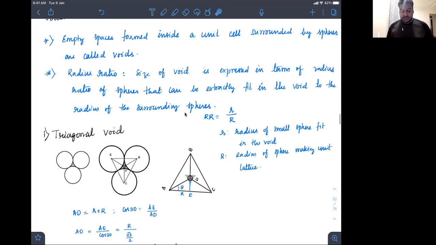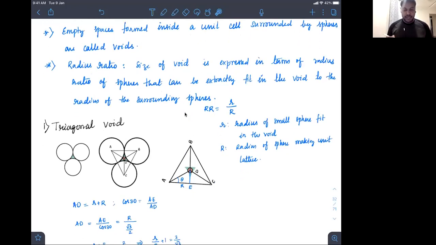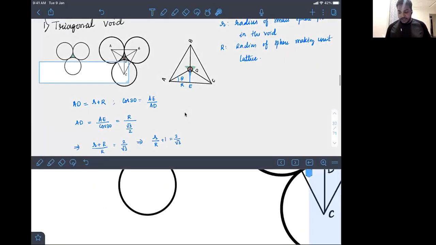And radius ratio is nothing but we are trying to express what is the size of the radius of a void versus the size of the radius of that atom. So when you take that, we write it as r by R, where r is the radius of the atom present in the void versus R, which is the radius of the atom which is making the lattice. Clear?